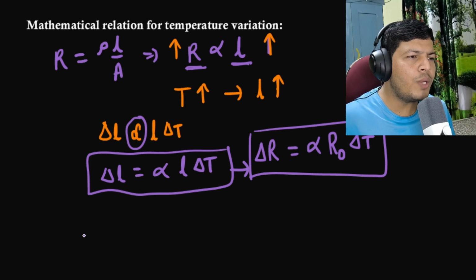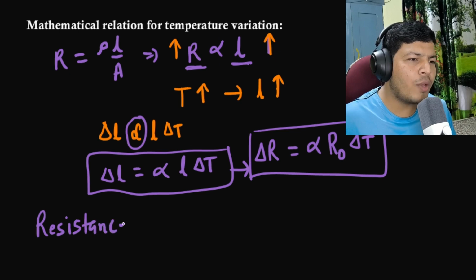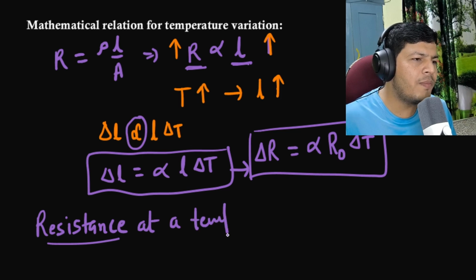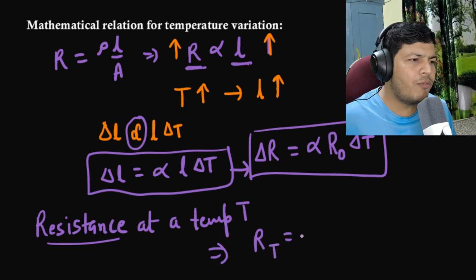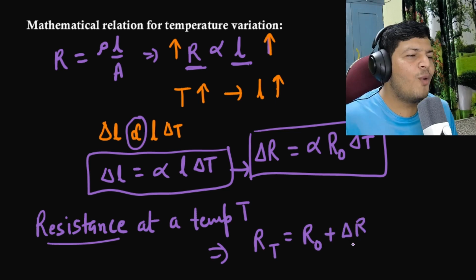If you want to write a formula for a resistance at a particular temperature, let's say temperature T, how can I write this? This is the final value. The final value contains R0, the original resistance, plus whatever the change in resistance due to the change in temperature.